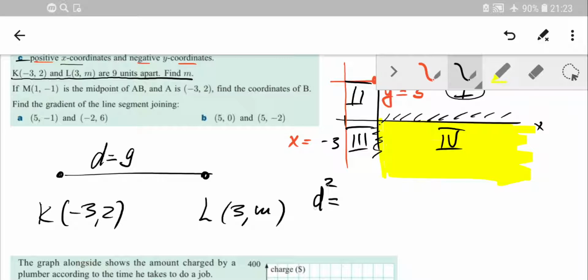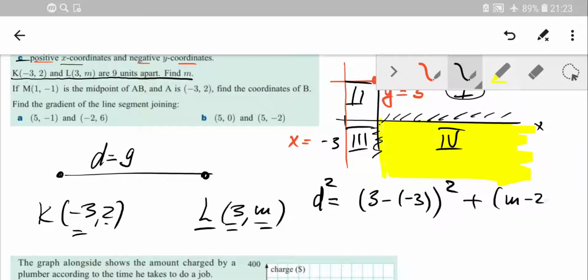It's better to use d squared. So basically, again, Pythagoras' theorem. So d squared, and then we have the difference in the x coordinates, 3 minus minus 3, I start from L, so it's 3 minus minus 3 squared, and then I do the same for the y coordinates, m minus 2 squared.